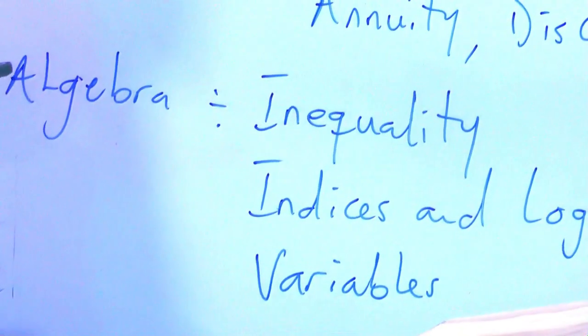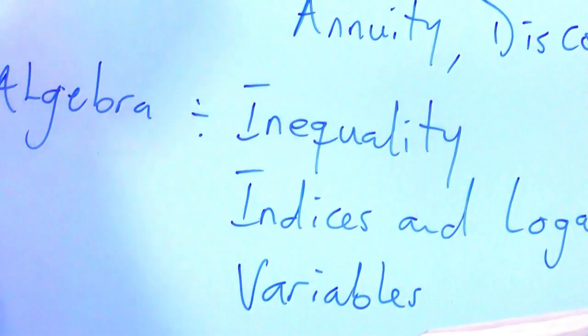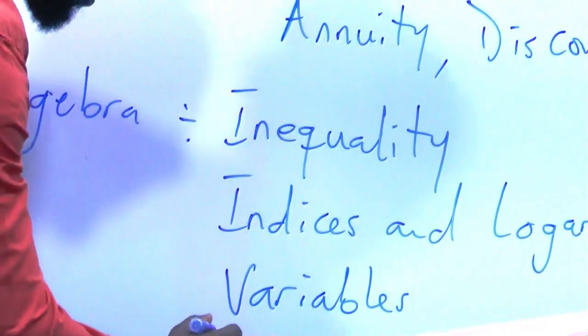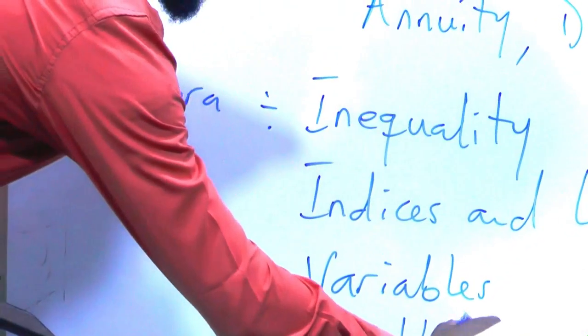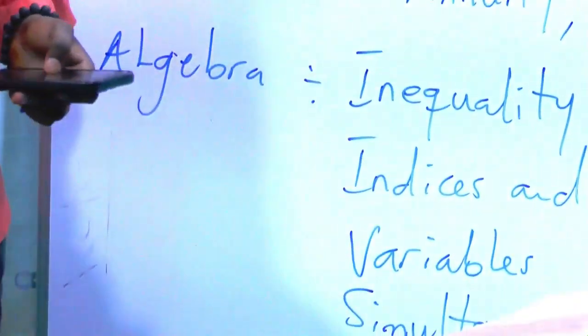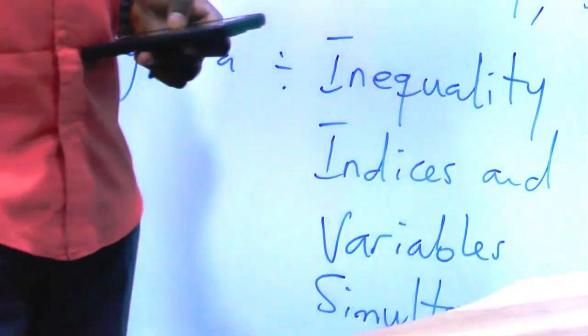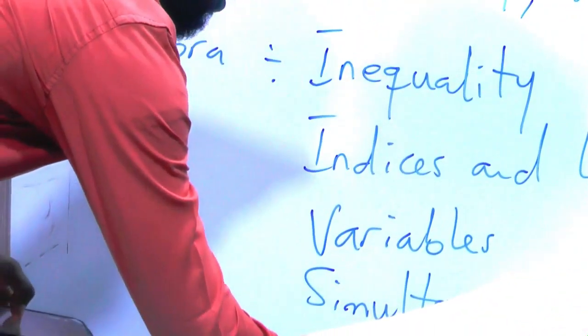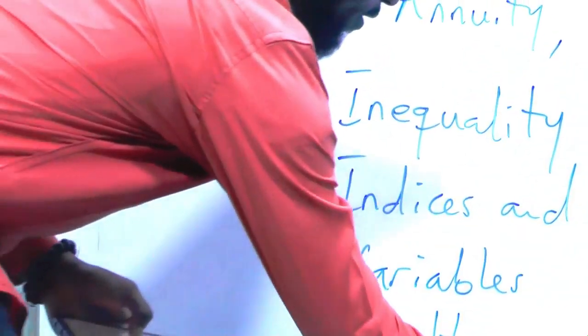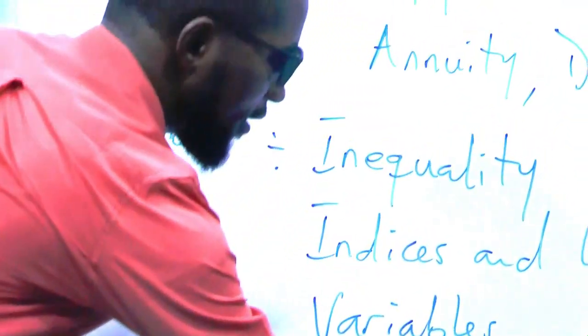Then we also have the simultaneous equation. Then we also talked about the last one, which is matrices and determinants. We talked about matrices and what? And determinant.